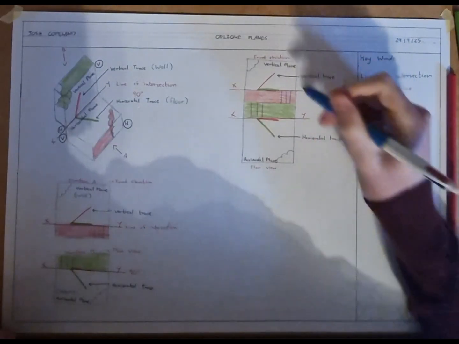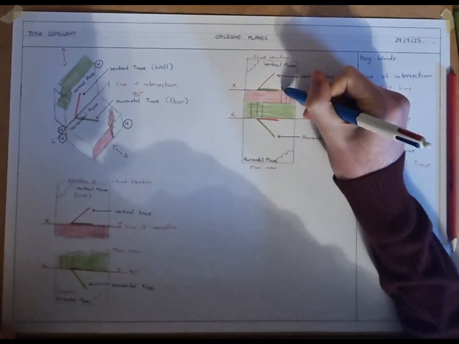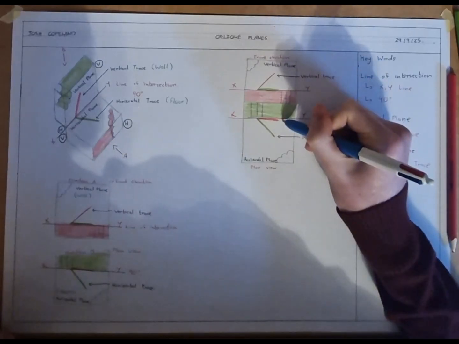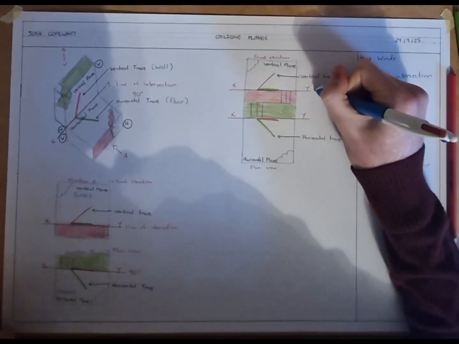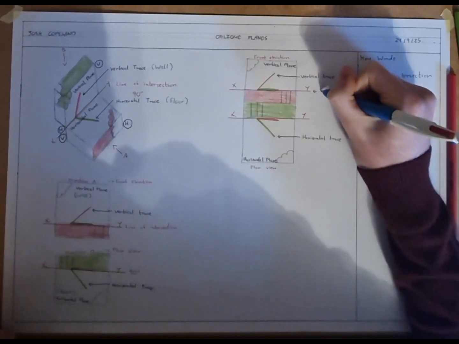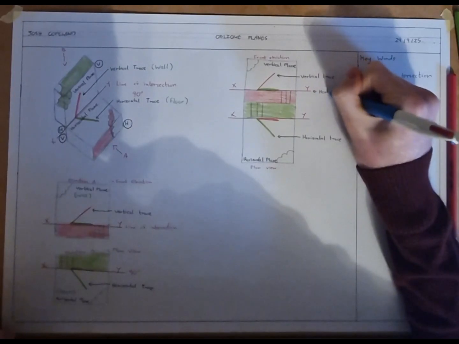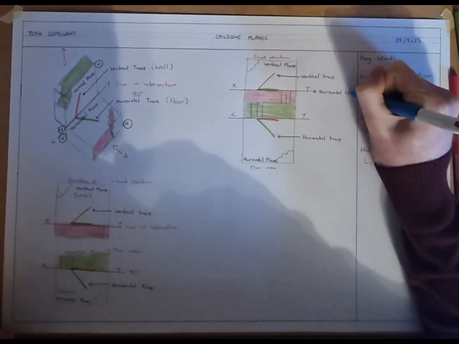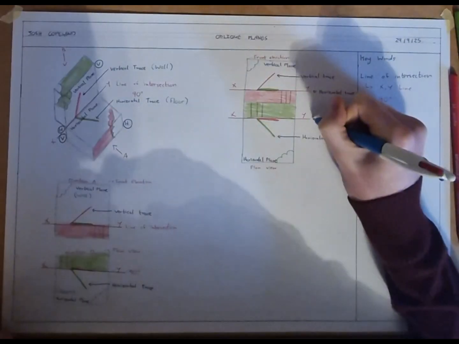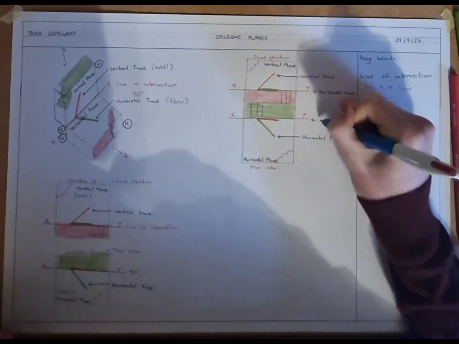But also here, we've got our horizontal trace here as well, and we've got our vertical trace there as well. Let's label that as well. So on this line here, we've got our horizontal trace, and on this line here, we've got our vertical trace.